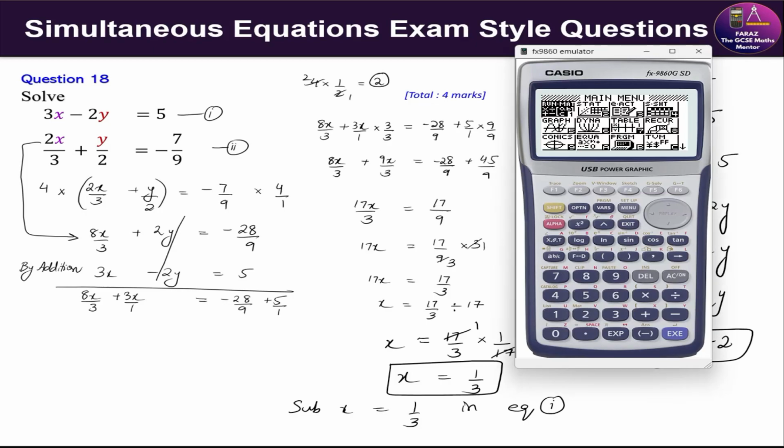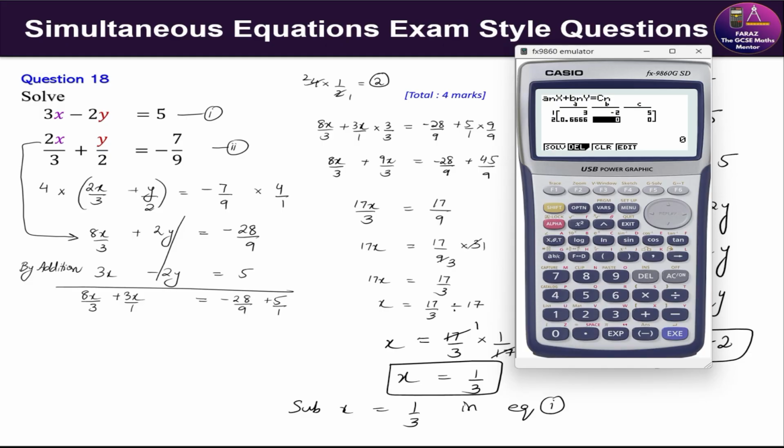Let's verify with the help of the calculator. If you enter these equations in the calculator, you have 3x minus 2y, so 3 and minus 2 is the coefficient of y, and after equals there is a constant, which is c. In the second equation, the coefficient of x is 2 over 3, so it is actually 2 divided by 3. Enter.